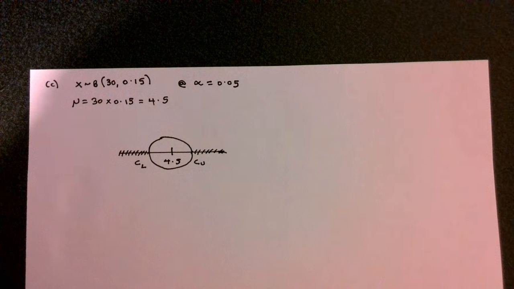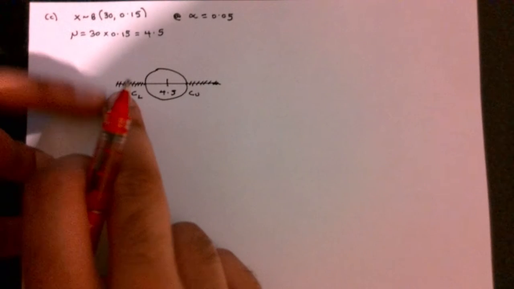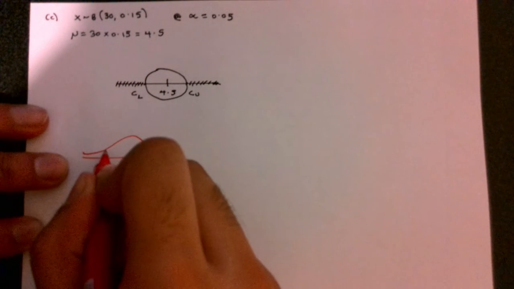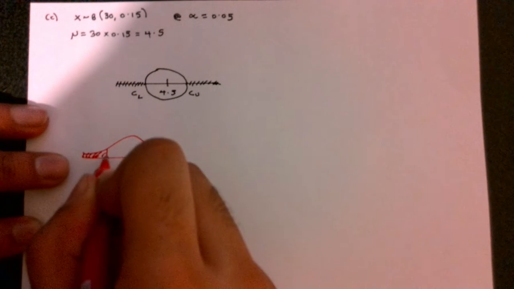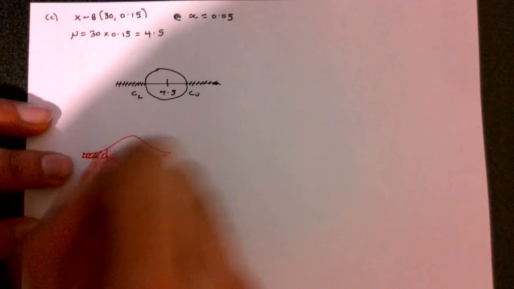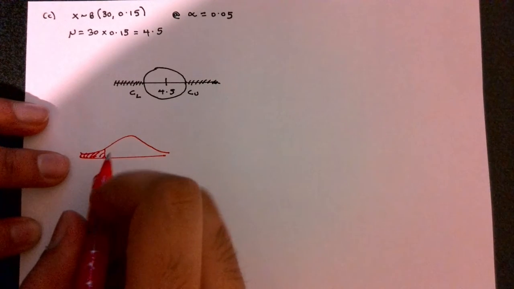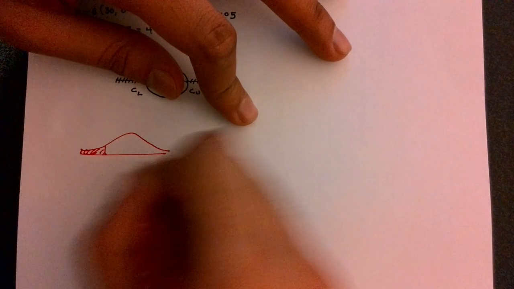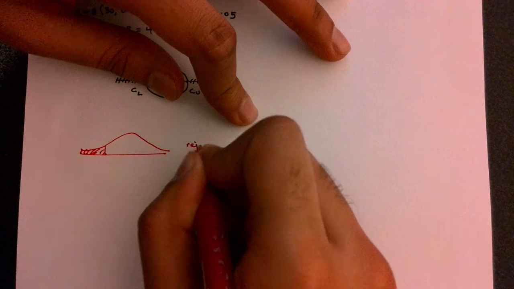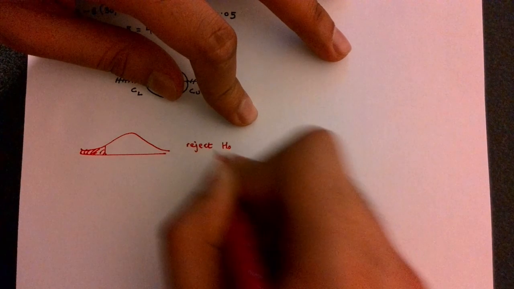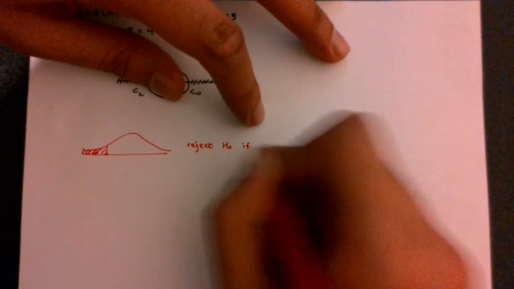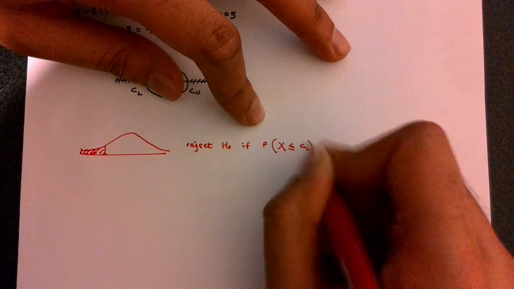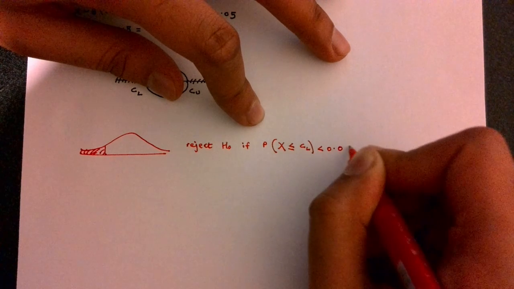Okay? So, in terms of what that actually means, we'll write down the first statement. If we look at the lower end of the distribution, then the condition where we reject H0, let's just write this down: we reject H0 if the probability that X is less than or equal to CL is less than 0.05.